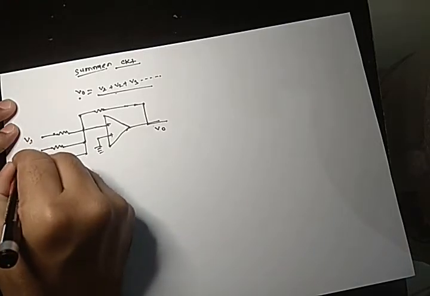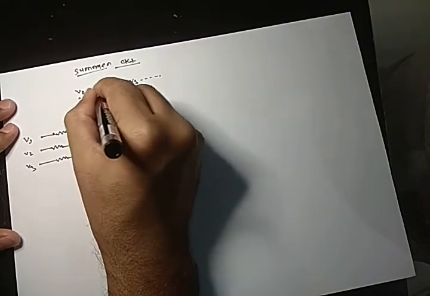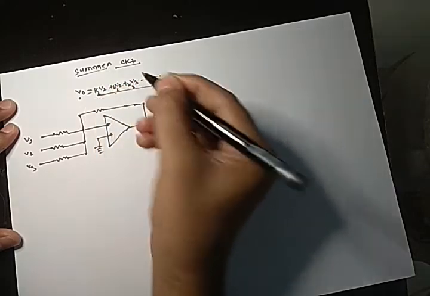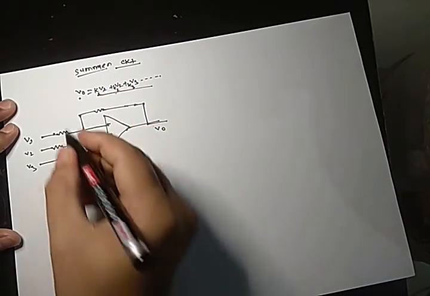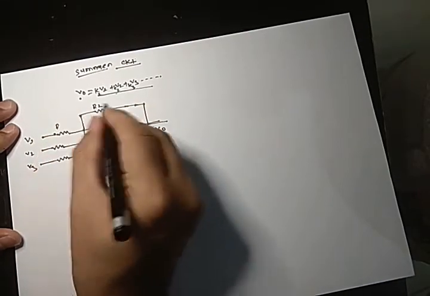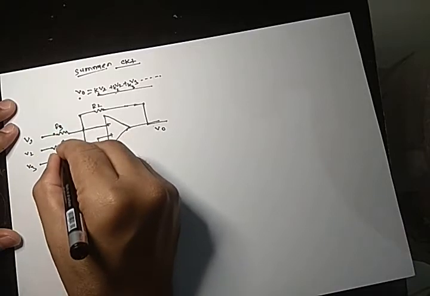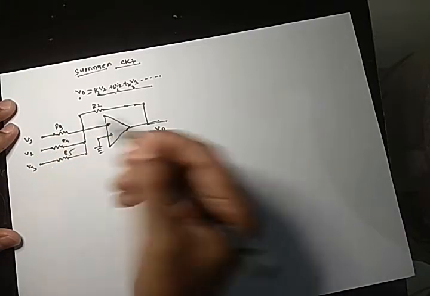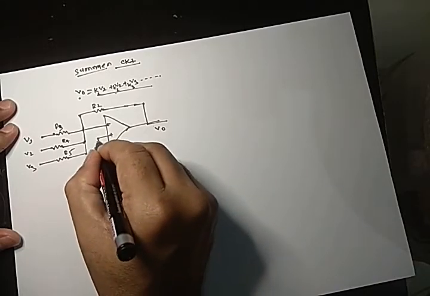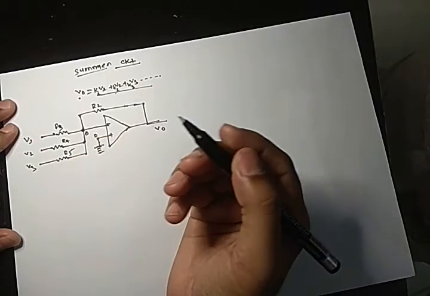Suppose this is V1, this is V2, this is V3, with gains K1 V1, K2 V2, K3 V3. Now this is R2, this is R3, R4, R5. Now according to virtual ground, this will be 0, then this node will also be 0.